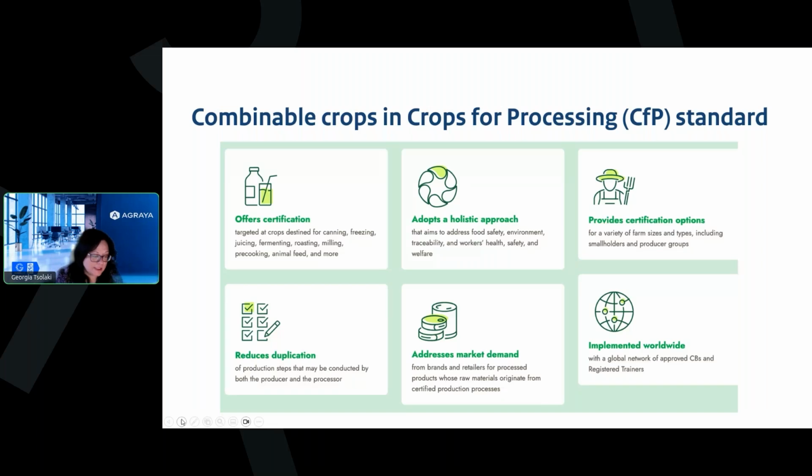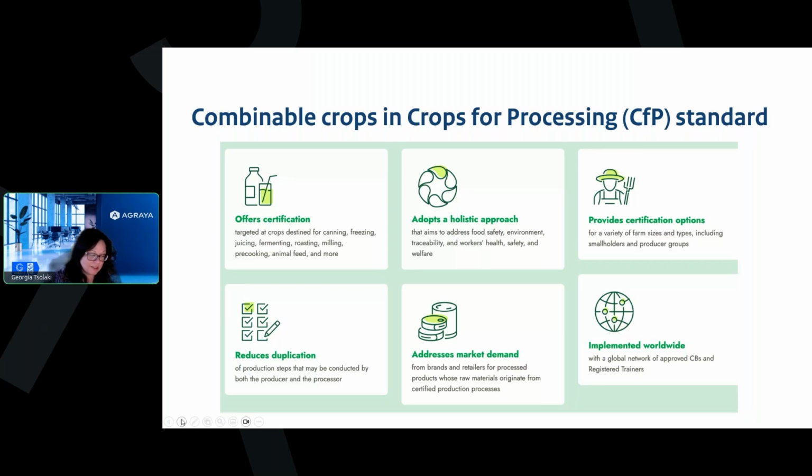Crops for Processing is a solution, again, implemented at farm level. Here the difference is that we have a non-accredited standard, even though the audits take place by accredited certification bodies. This is for producers that harvest their products, but the products are supplied to the chain only for processing, for example, for milling to produce feed.